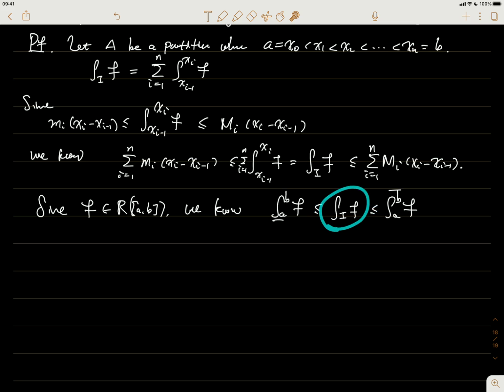And this means that f is also Lebesgue integrable, and the Lebesgue integral is equal to the Riemann integral. Okay, so f is Lebesgue integrable, and also the Lebesgue integral is equal to the Riemann integral.